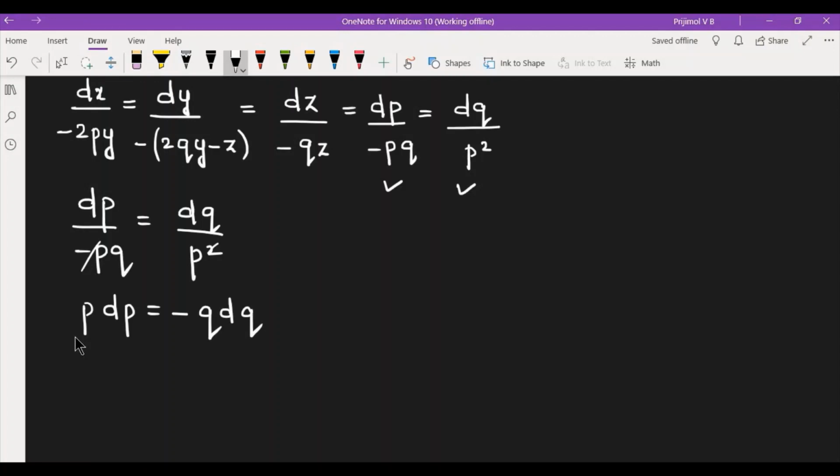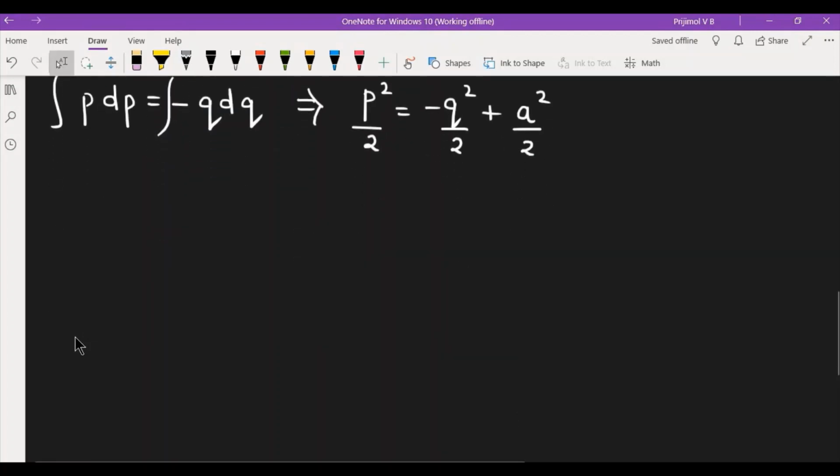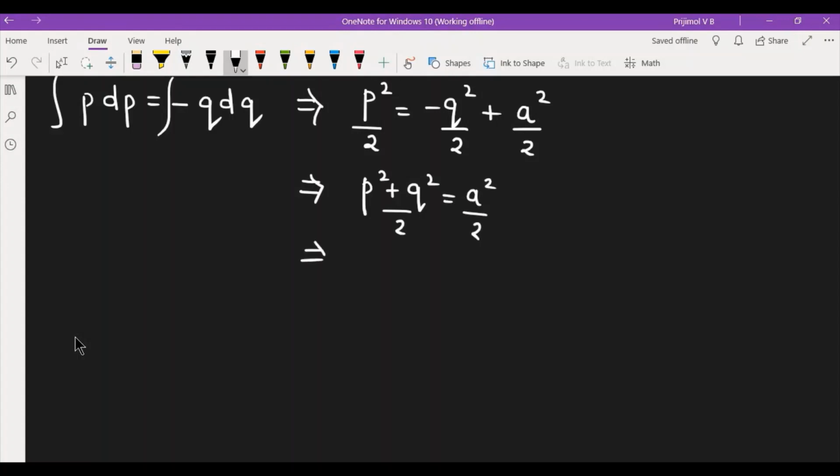The variables are separated. You can integrate this. You can add a constant, say a square by 2, so that you can cancel this 2 on both sides of this equation. So we got a relation between p and q.